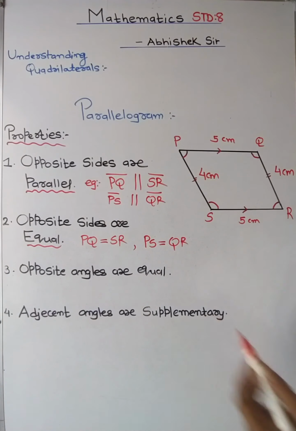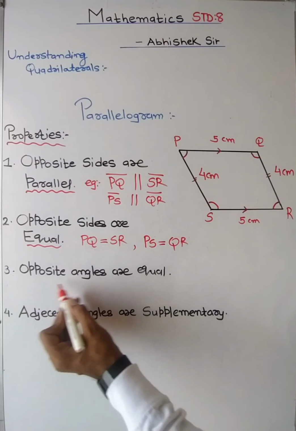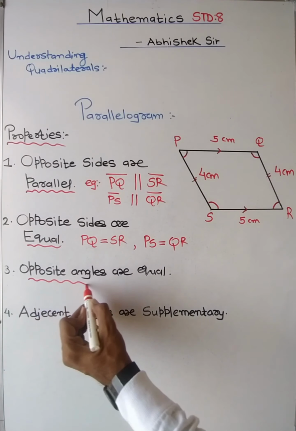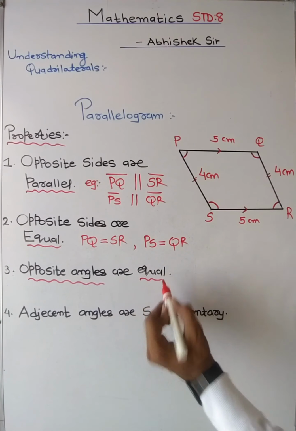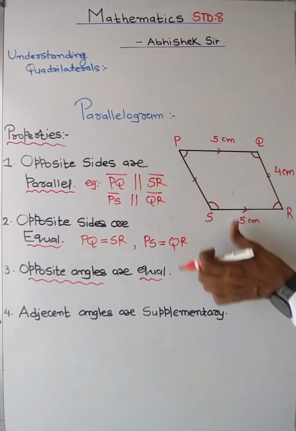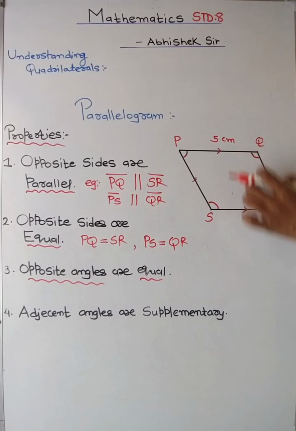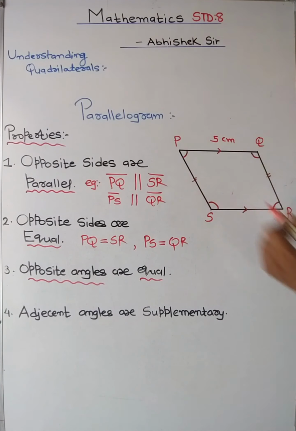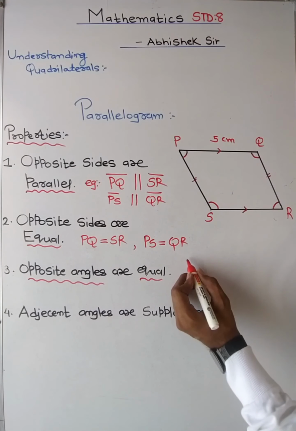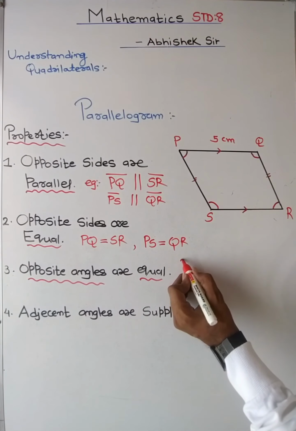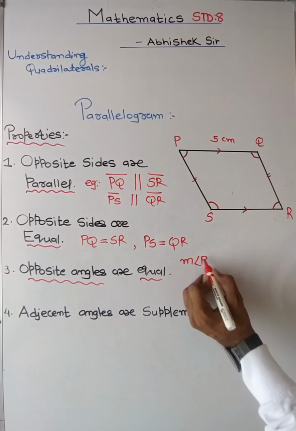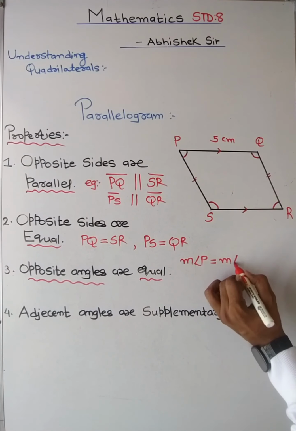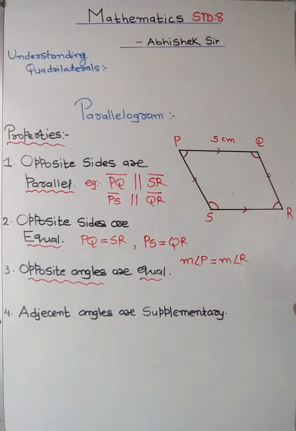Moving on to the third important point, opposite angles. Opposite angles are also equal. Here I have drawn four angles. As per this property, the measure of angle P is equal to the measure of angle R, because they are opposite. Clear?